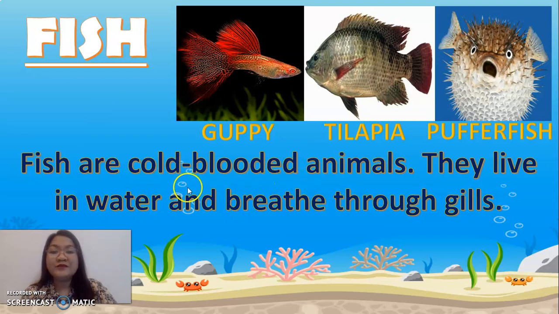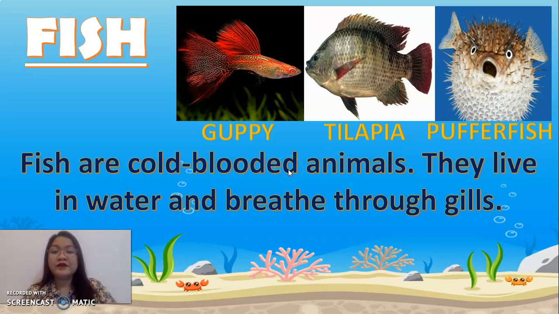Cold-blooded, these animals can live in water. So for example, fish, we have guppy, tilapia, and pond. So these examples of fish can live in water. So how do they breathe? They breathe through their gills.